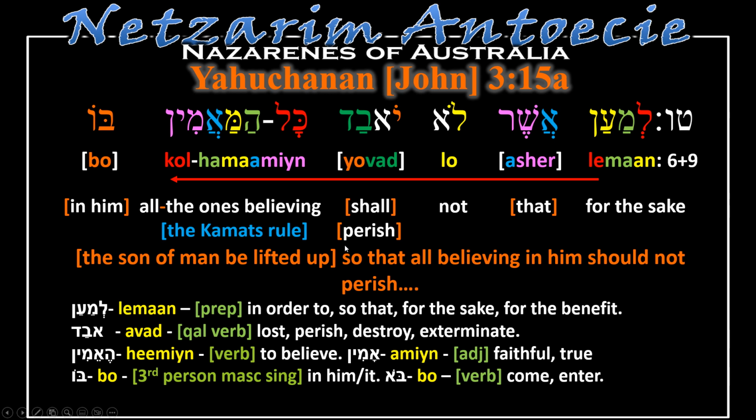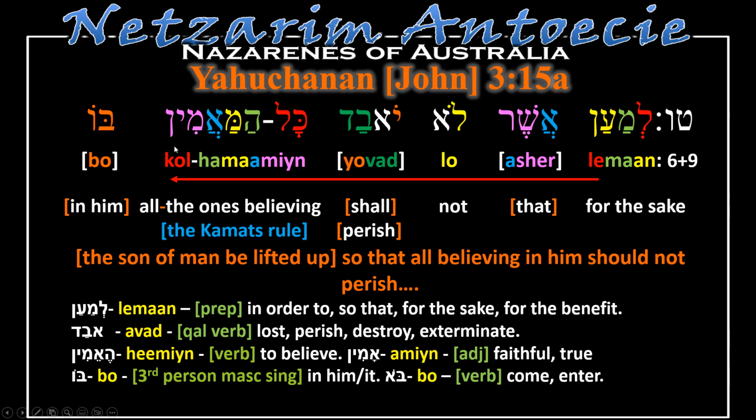Yovad means shall perish. If we look at the root, avad, it's a kal verb meaning lost, perish, destroy, exterminate. Shall perish, kol. Now that is a kamatz rule, where this kamatz, when it's a closed syllable, and usually the first, then we can say it like an O sound, kol.